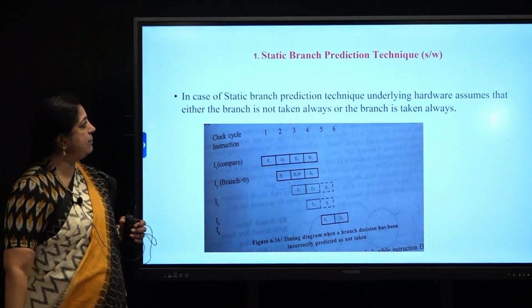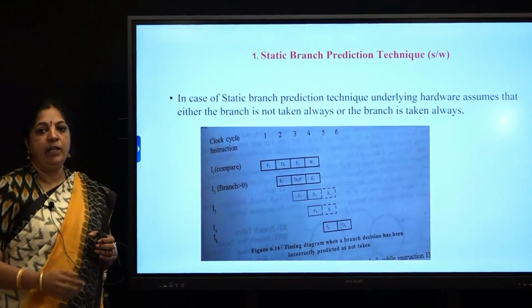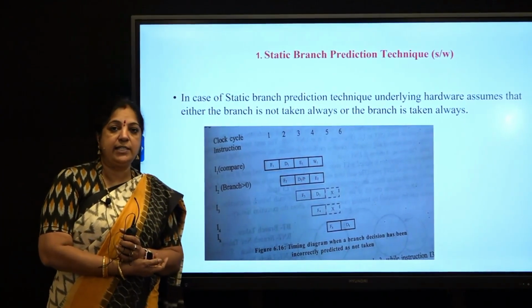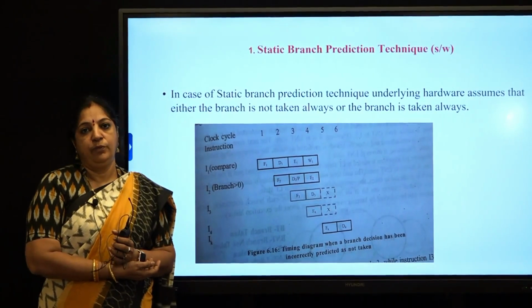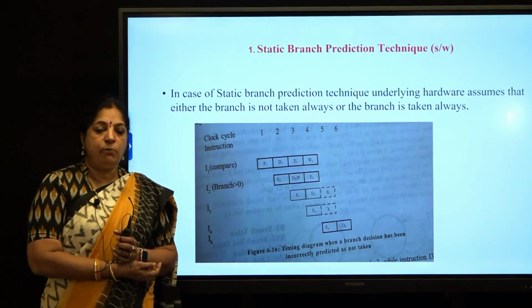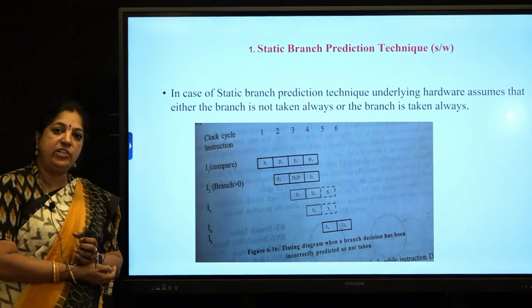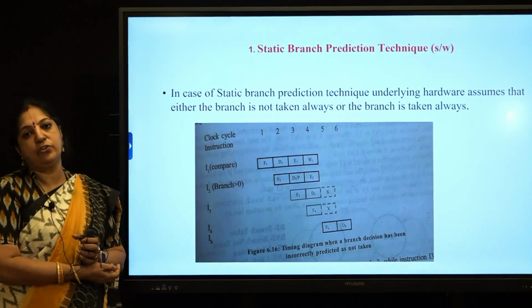Now let us see static branch prediction first. As I told you, prediction means we do not know 100%, we are only predicting. When we do some prediction, there are two chances: either our prediction is correct or our prediction is wrong.